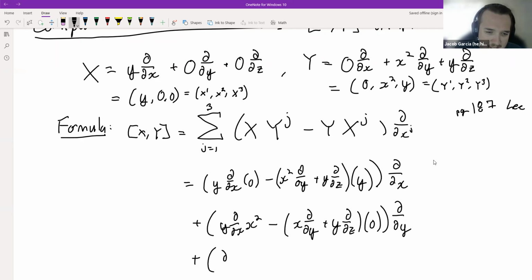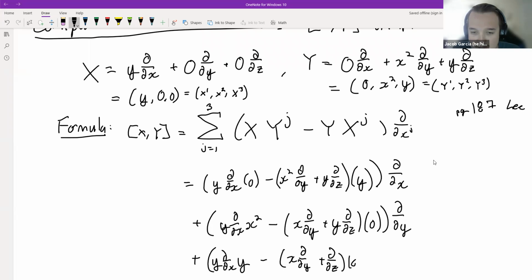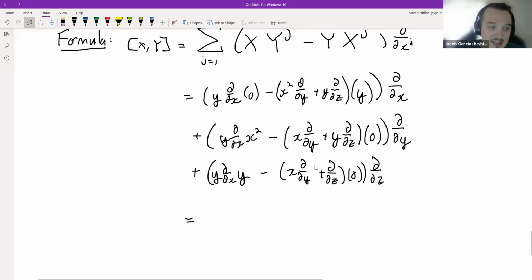And then this is still x applied to the third component of y, which is y, minus this is y applied to the third component of x, which is still 0, dz.